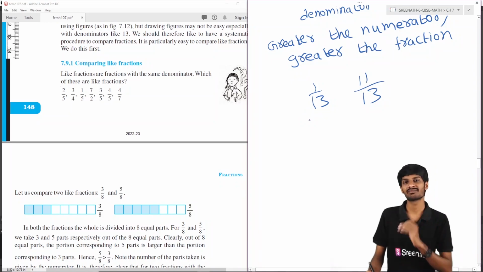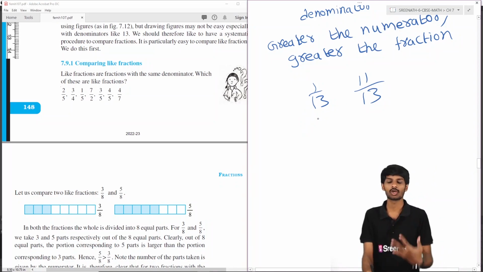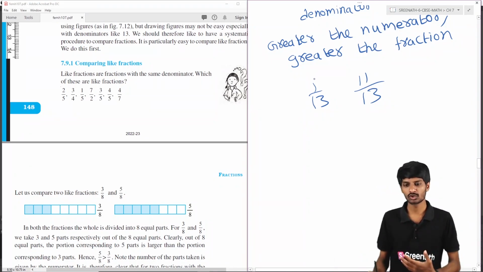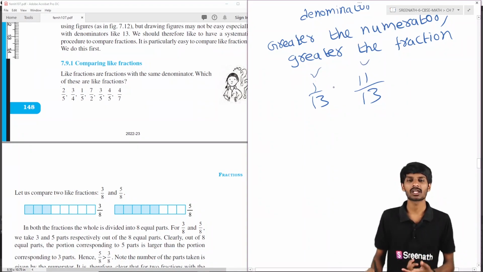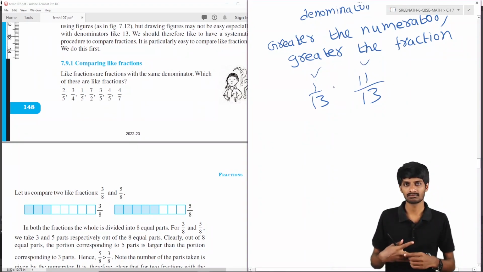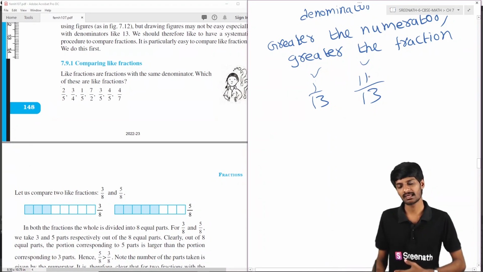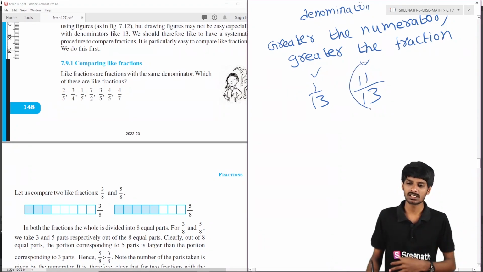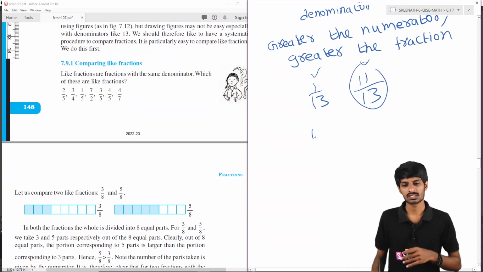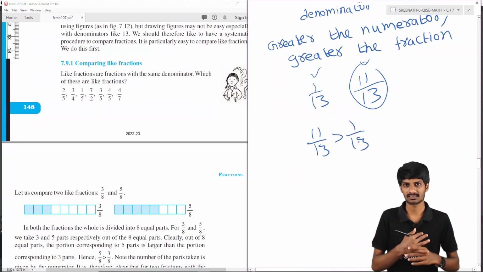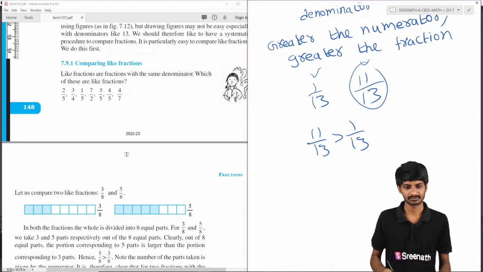In the case of like fractions, whenever the denominator is the same, you just have to look at the numerator. Which number is greater? Here it is 1 and here it is 11. So 11 is greater than 1, so this is the bigger fraction. So simply you can say 11/13 is greater than 1/13. That is a simple task. Okay students, that is the case.